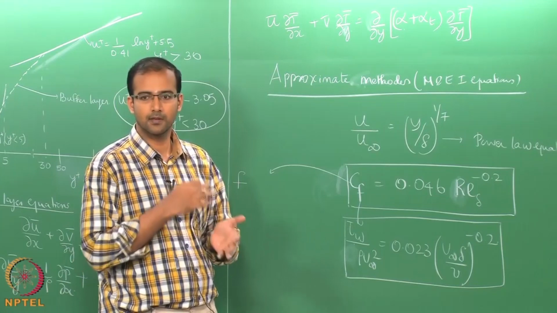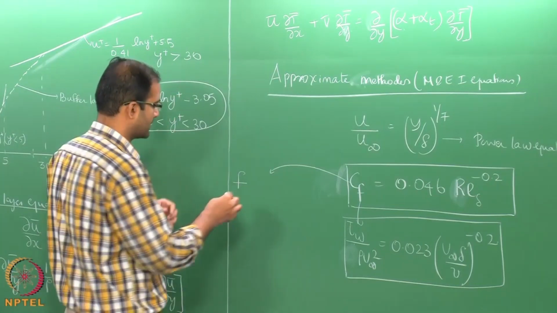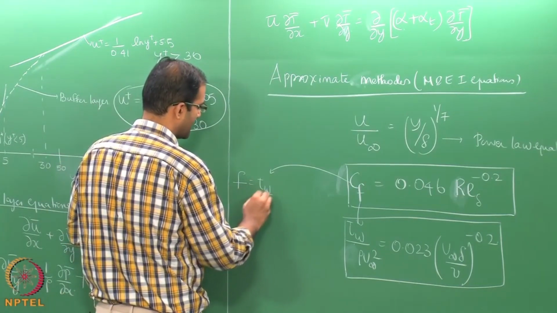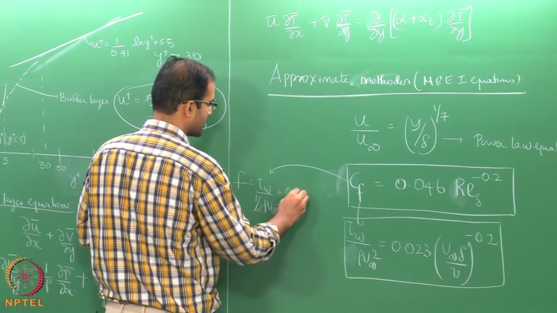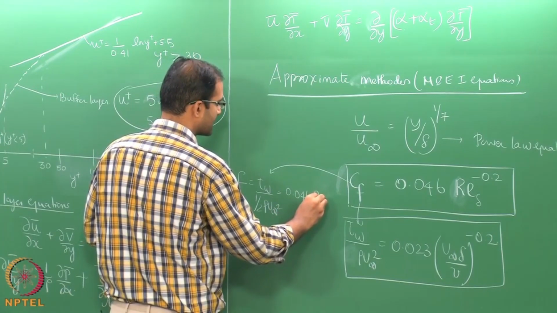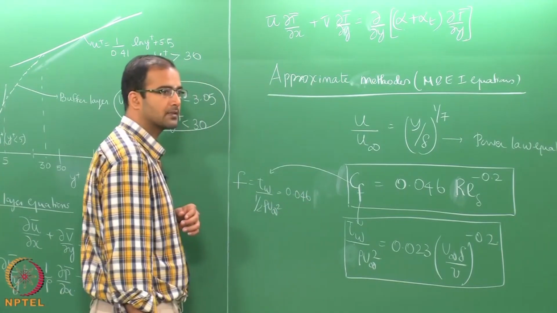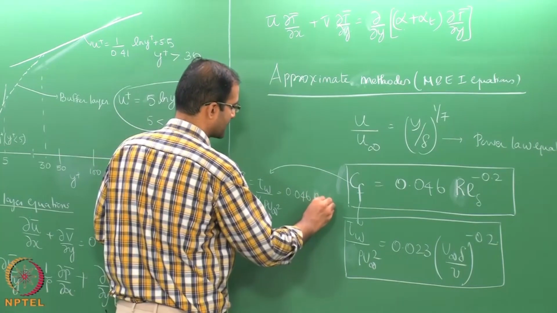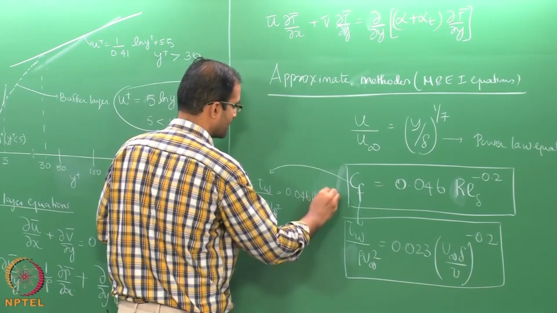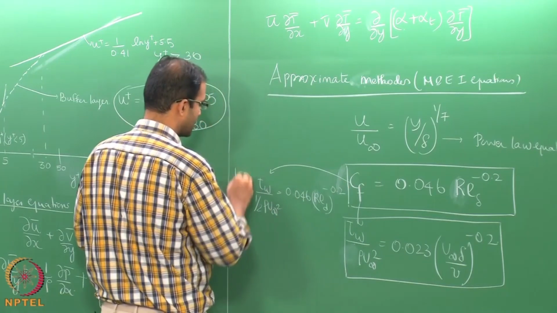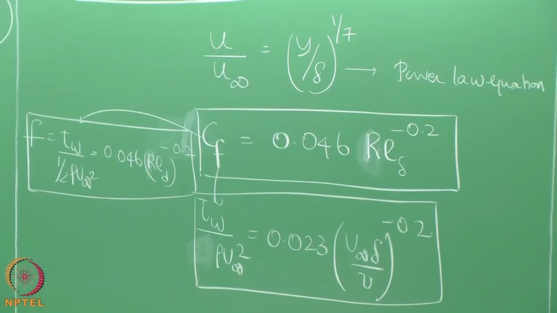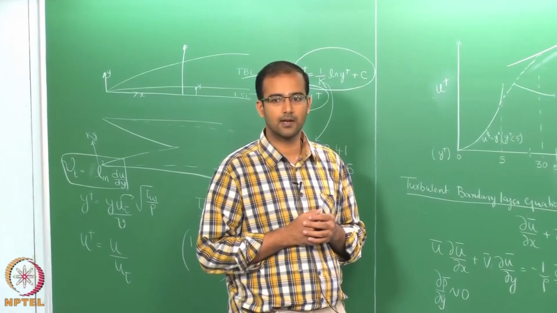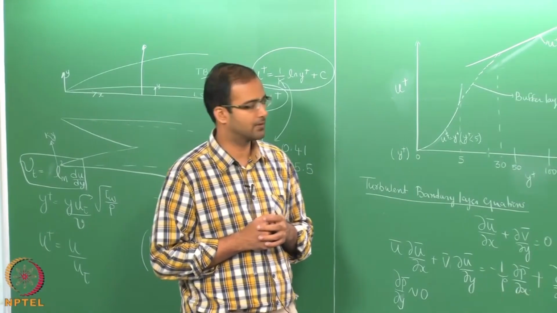So, the equivalent will be using the Fanning friction factor once again, which will be tau wall by half rho u infinity square, which is the same thing, 0.046. Now, the only difference is the Reynolds number will now be defined based on the diameter of the duct and not based on the boundary layer thickness. Now, this is for the fully developed turbulent boundary layer. So, since your boundary layer thickness does not vary, we will use the hydraulic diameter rather than the value of delta.